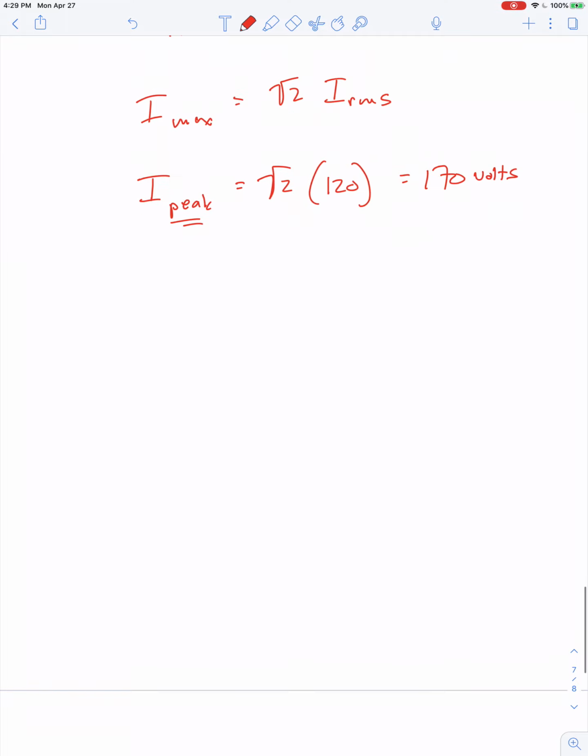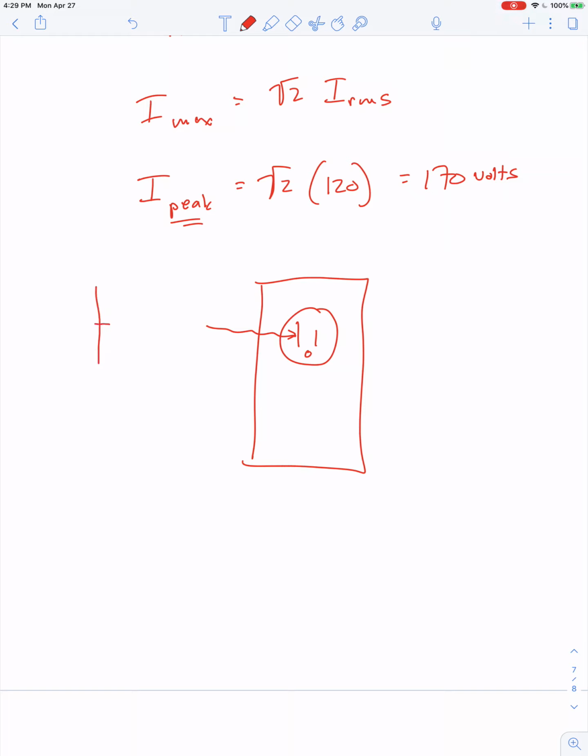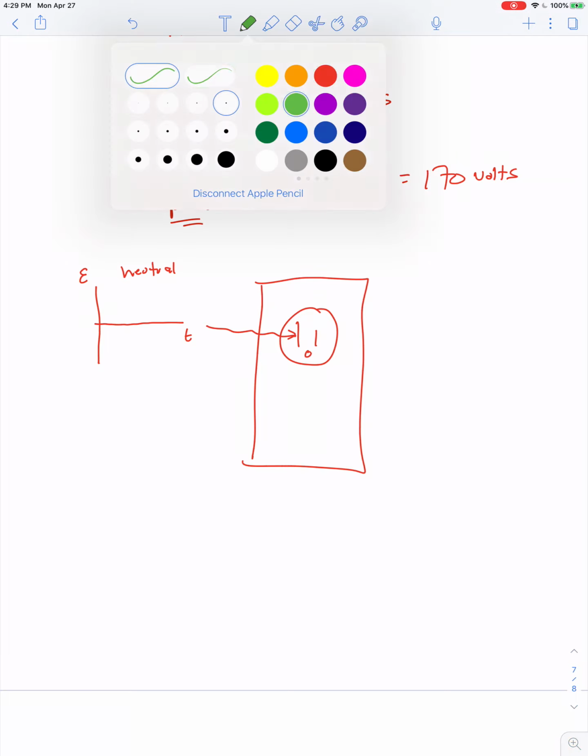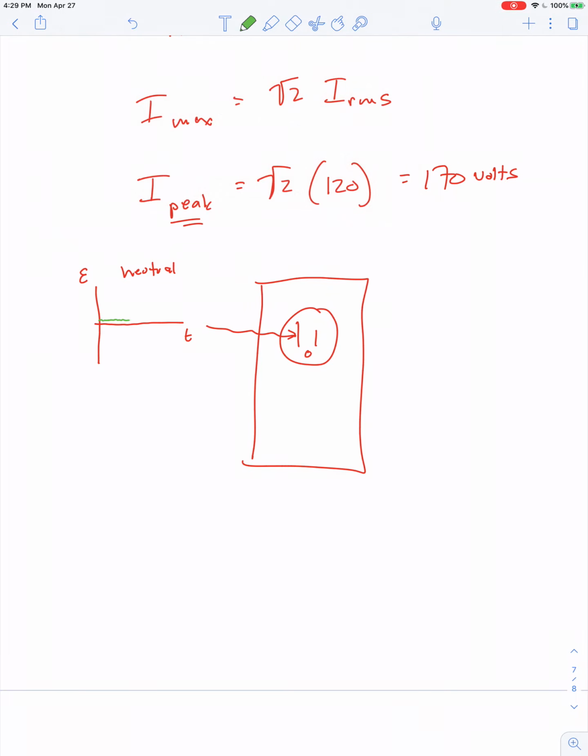In fact, it goes something like this. The longer of the two prongs pretty much hovers at 0 volts. They call that the neutral wire. So if we make a graph of its EMF versus time, it might float a little bit above 0, but should be very nearly 0 volts. The other wire is referred to as the hot.